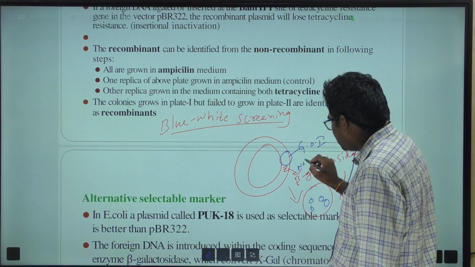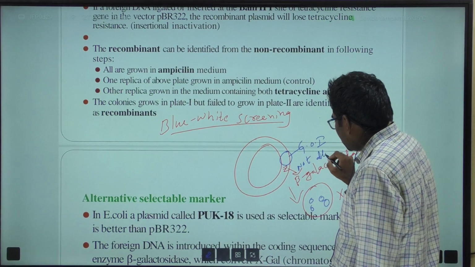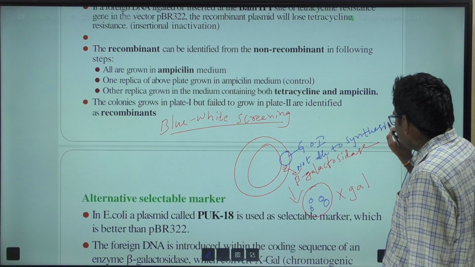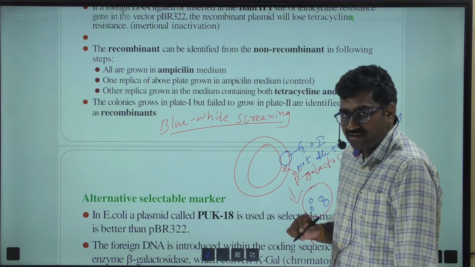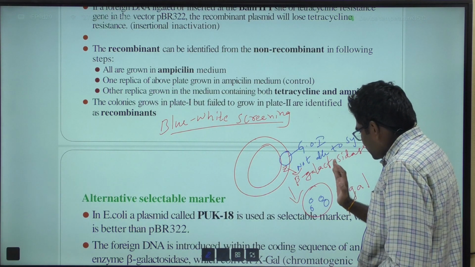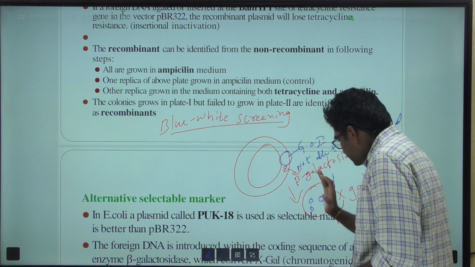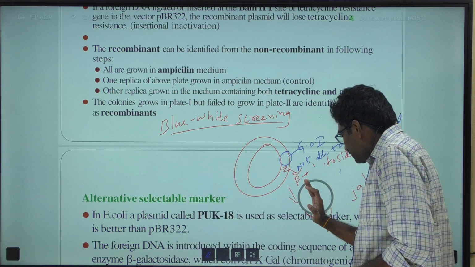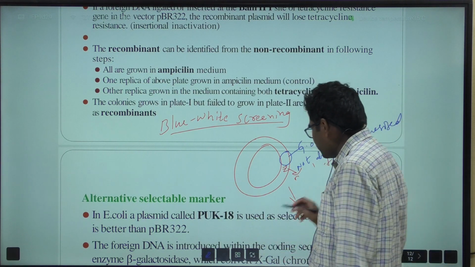synthesize beta galactosidase, so that blue color colonies will not be formed.